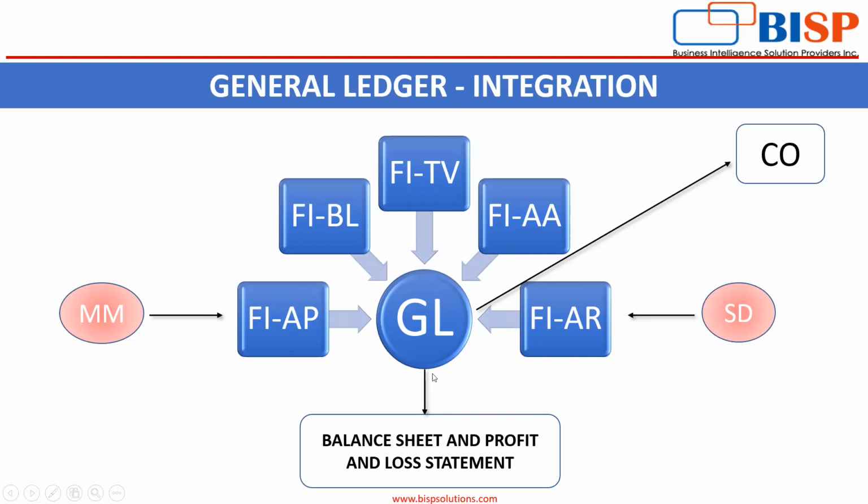So for the purpose of drafting financial statements, we get master data from GL through the process of integration of all revenues, expenses, assets, liabilities maintained by these modules as well as maintained by GL. We create data, and all these data are then presented in the form of financial statements.